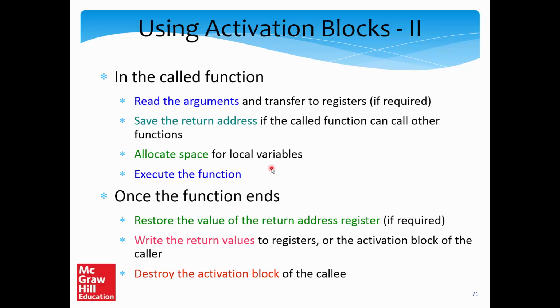It's a continuous region of memory that stores the execution context of a function, and the execution context contains the arguments of a function, space for saving its internal variables, space for saving the registers that it spills, and also the return address if the function is calling other functions.